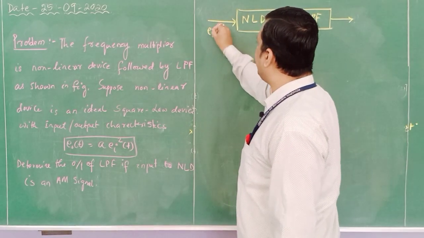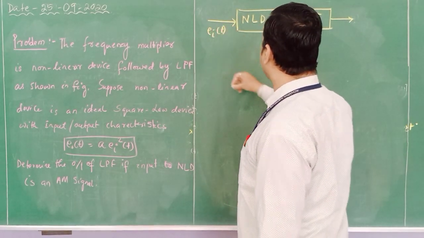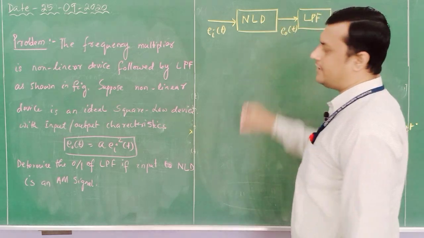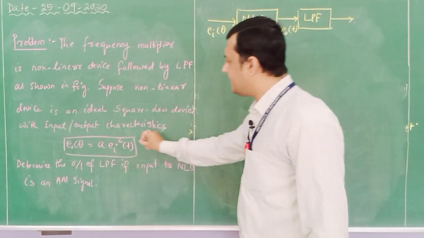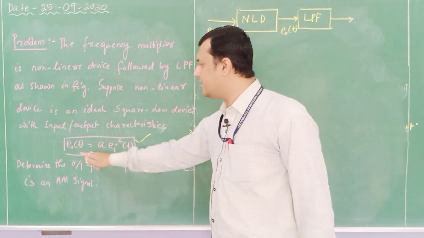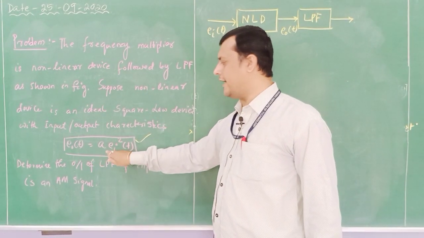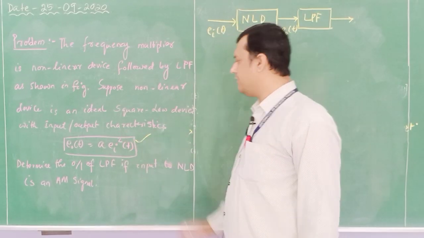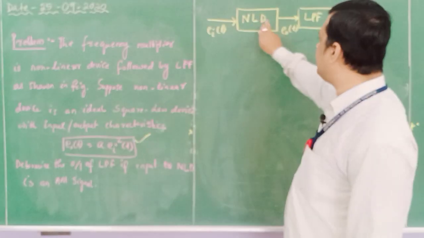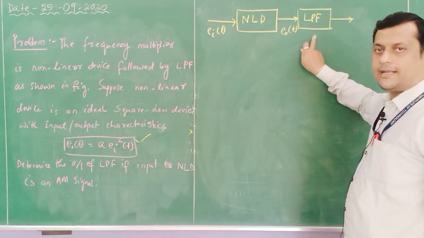Here I am providing E i of t, and here I get the output of the nonlinear device, whose characteristics are given by the relation E naught of t equals a E i square of t.